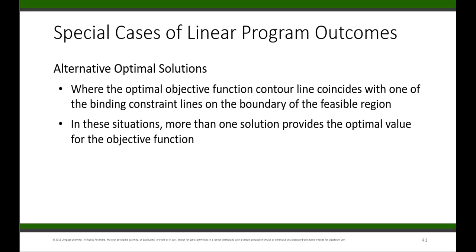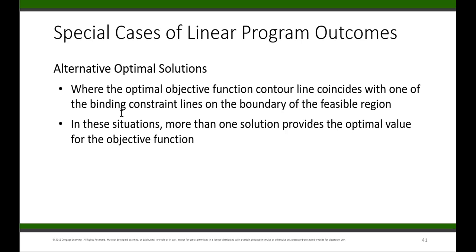So alternative optimal solutions. For the case of linear programming, when everything is set up in the linear form, and all the variables are continuous, like with the examples that we have seen so far, it can only happen where the optimal objective function contour actually is parallel with one of the binding constraints.